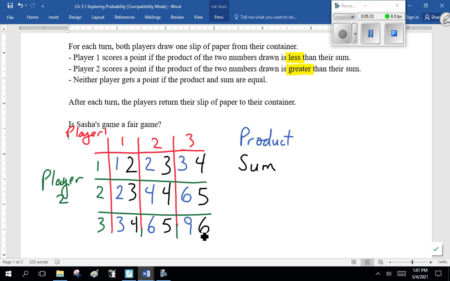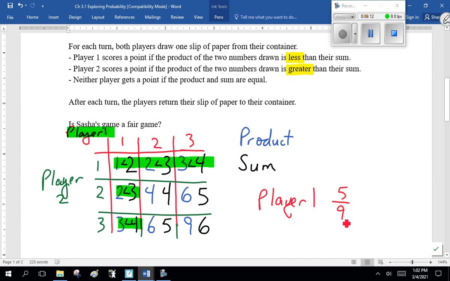So the question is, who wins? Well, player 1 scores a point if the product is less than the sum. So player 1 wins where? When the product is less than the sum. There, there, there, there, there. Five places. As I see it, player 1 wins 1, 2, 3, 4, 5. Five out of 9 times.